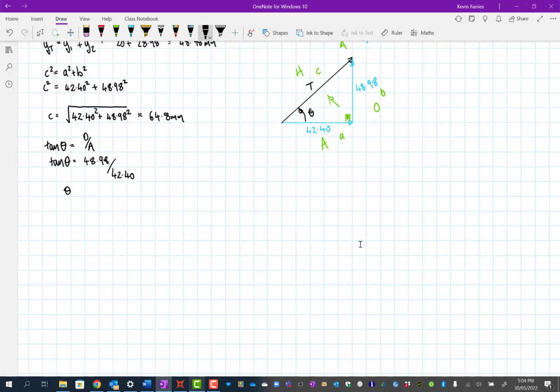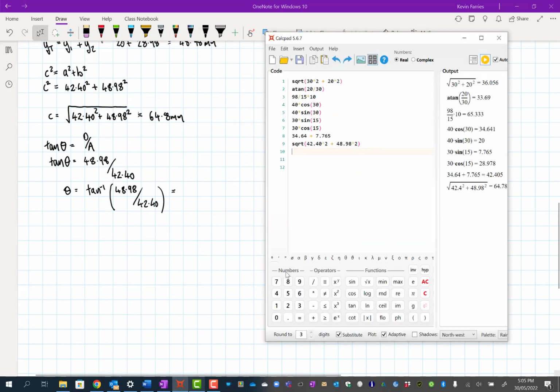So tan theta is that, therefore theta must be the inverse tan of that. Tan to the minus 1, or a tan, of 48.98 over 42.40, which equals, it's the same as before, tan to the minus 1, but the little calc pad wants you to write a tan, 48.98 divided by 42.40.